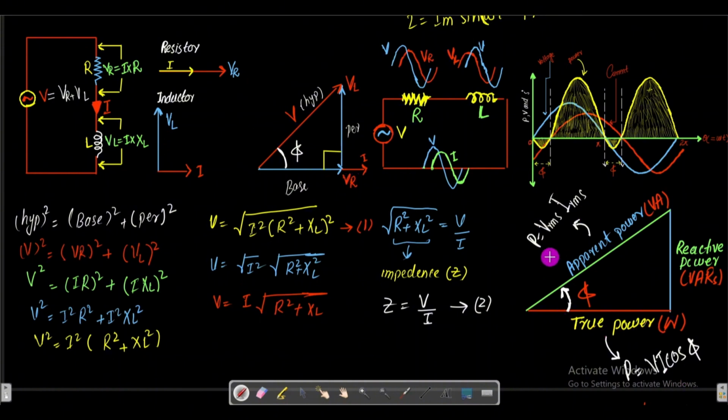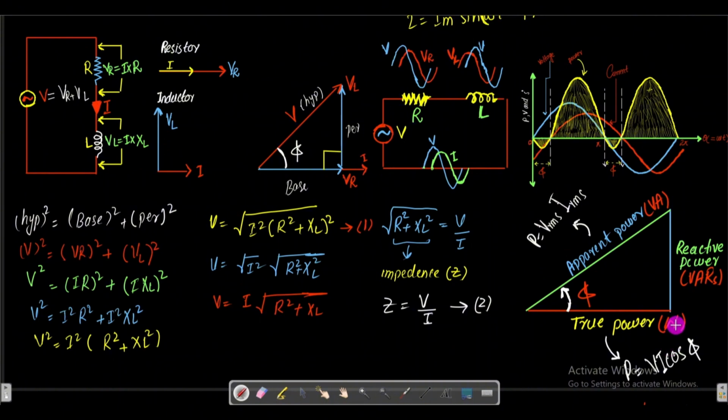So what is the difference between the apparent power, the reactive power, and the true power? The apparent power is the total power provided to the circuit. Here we have the inductor with inductance L, and if we provide voltage to the inductor, current will start in that inductor, and that current will change in magnitude and direction, due to which a change in magnetic field will occur.